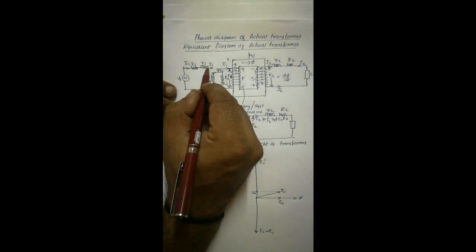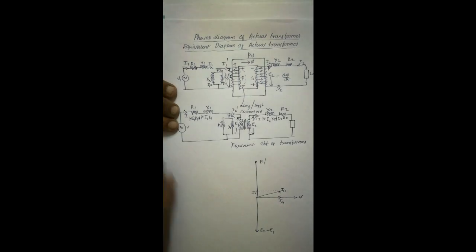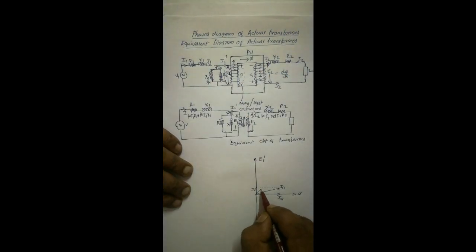Then what is I1 equal to, leave it. Now come back to the secondary side. But we want to find out I2. Here we can say this is I1 dash. Then I1 is the resultant of I1 dash plus I0.